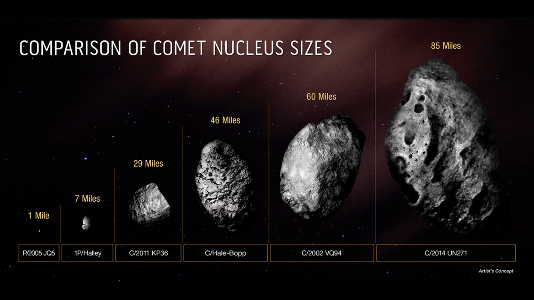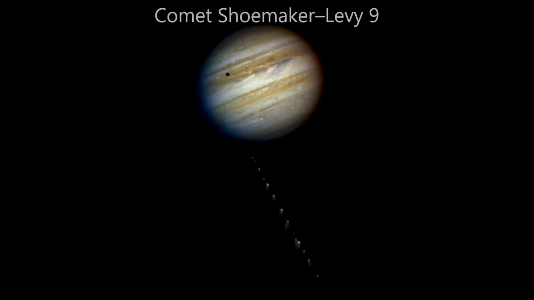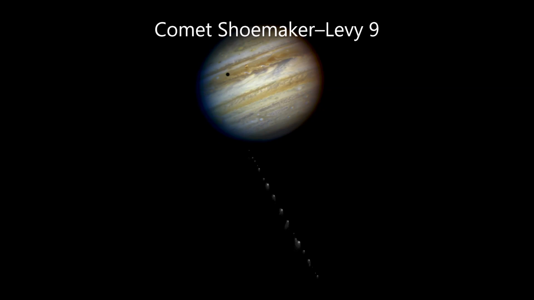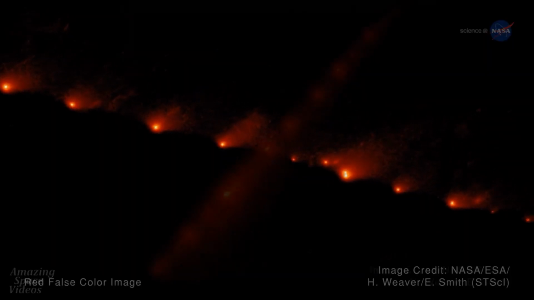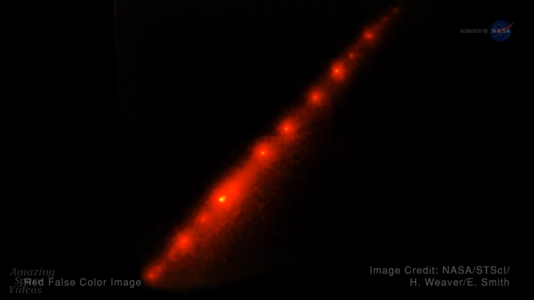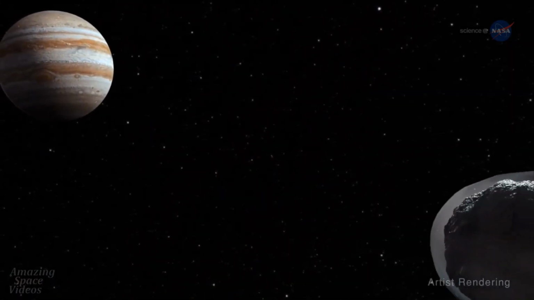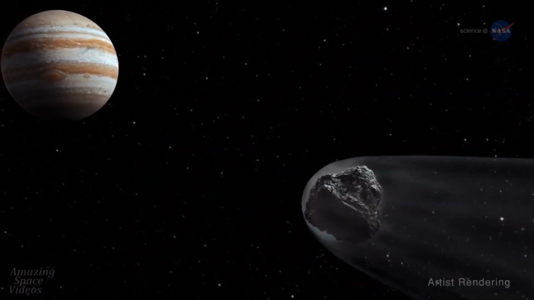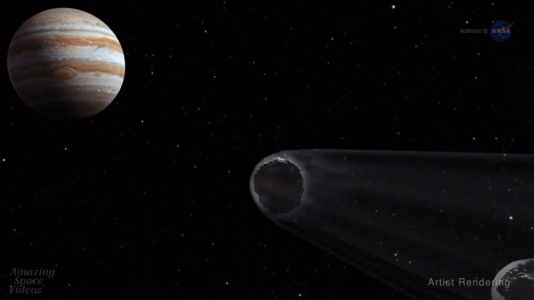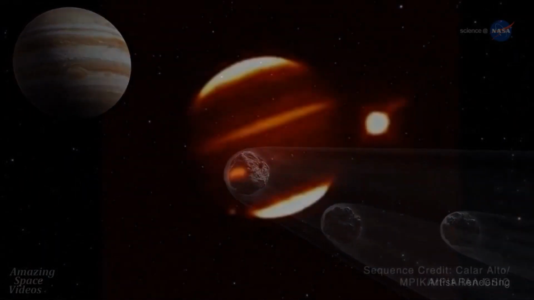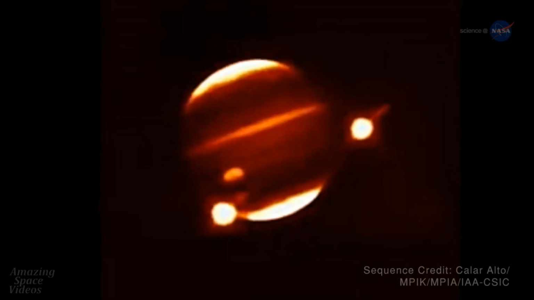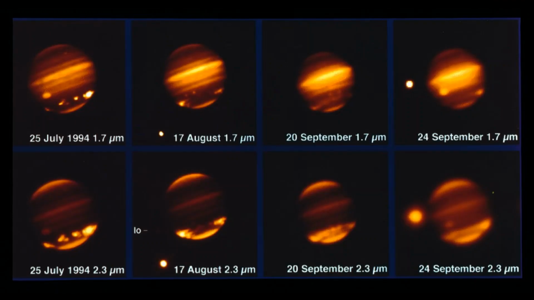Another interesting thing about comets is Comet Shoemaker-Levy 9, which broke apart in 1992 and collided with the planet Jupiter in 1994. These comet fragments were about a few hundred meters to 2 kilometers across, and the original size of the nucleus was estimated at about 5 kilometers.